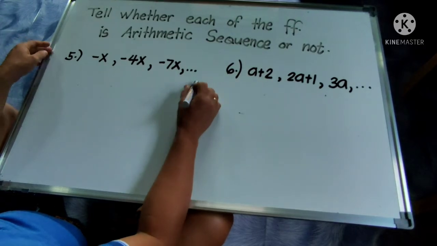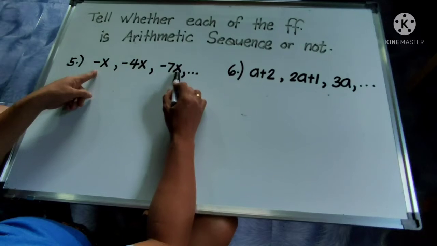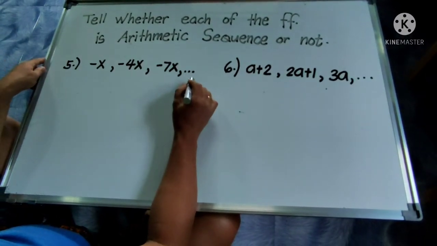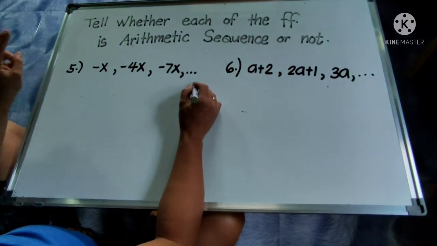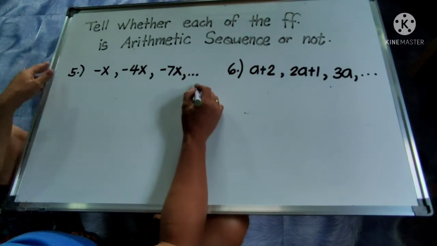So in this case, even if there are already variables, we should stick to the concept of arithmetic sequence that it has a common difference.